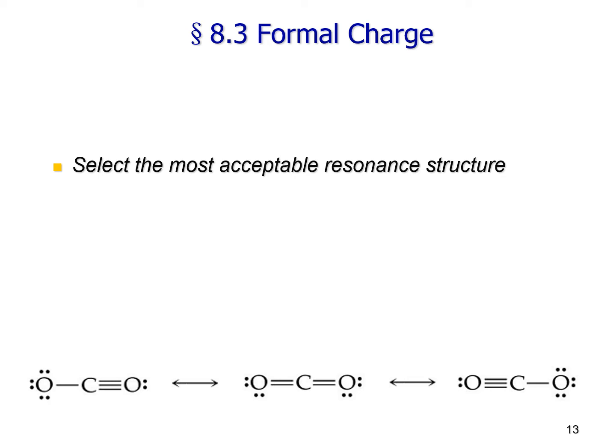Why? Because we use the most acceptable resonance structure to represent this particular molecule for most of the time. As for carbon dioxide, we would prefer to use carbon with two double bonds with oxygen atoms as the typical or the Lewis structure for most of the time.